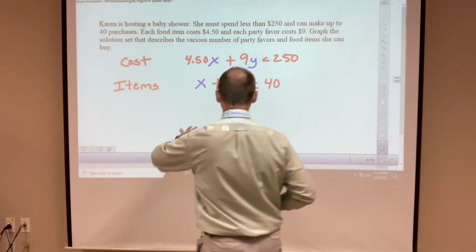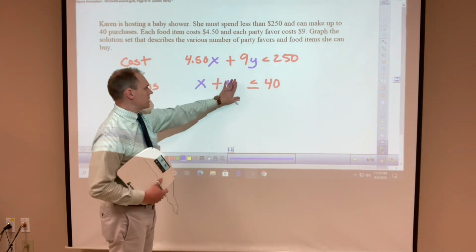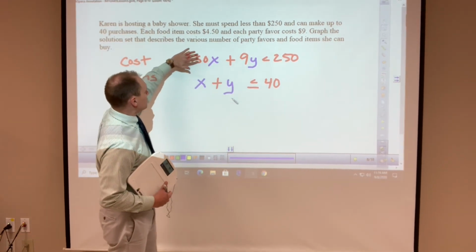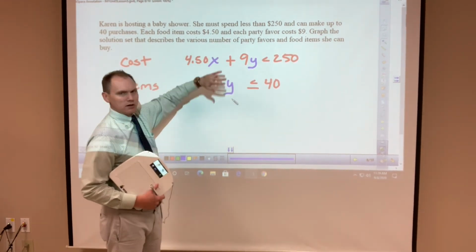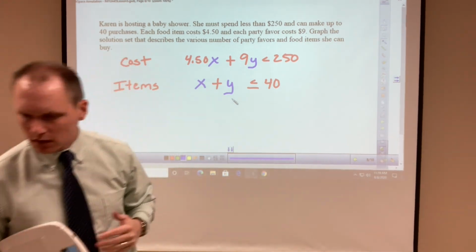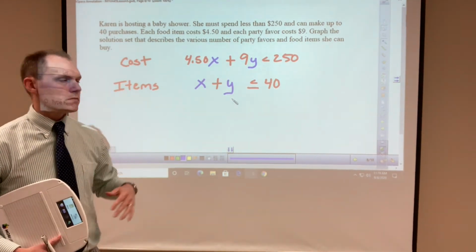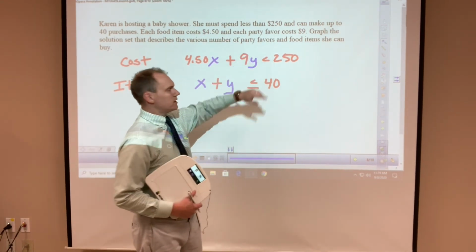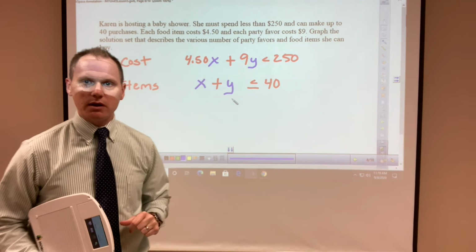This first one down here is going to have a y-intercept of 40 and an x-intercept of 40, so it's going to be easy. Up here, if you divide 250 by 9, you get a little over 27, I think 27.7 repeating. And if you divide 250 by 4.5, you get 55.5 repeating.